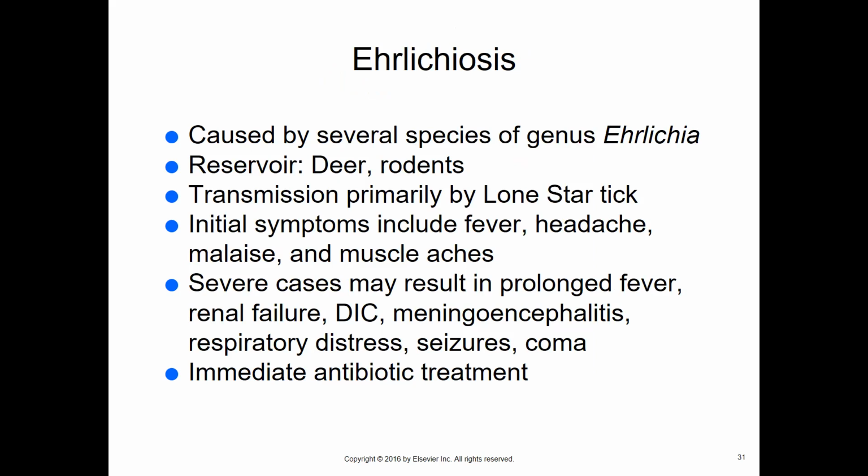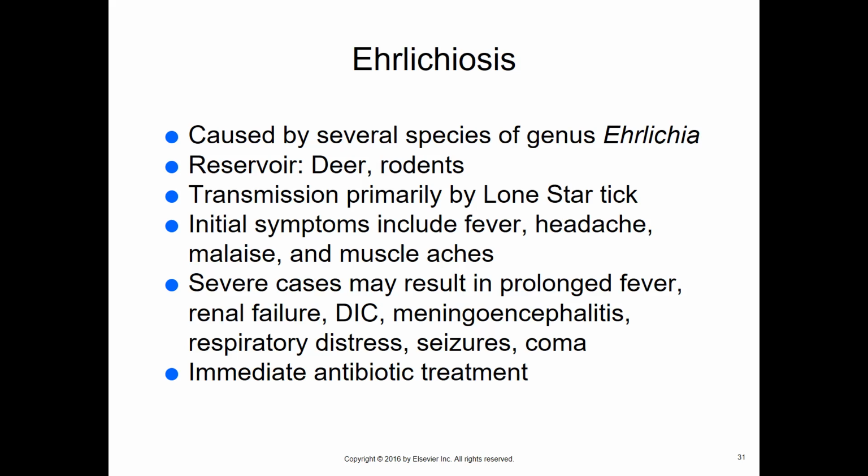All right, ehrlichiosis. This is caused by several species of the genus Ehrlichia, the family Rickettsiaceae, and members that are gram-negative, obligatory intracellular bacteria. The organisms primarily invade leukocytes. At first, they were believed to cause disease in things like dogs, cattle, sheep, goats, and horses, but some species have now been shown to cause disease in humans.